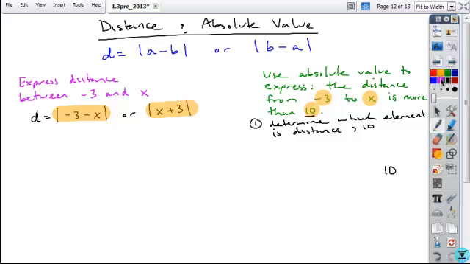Once you identify that, your next step is to apply this distance rule to relate these remaining elements.